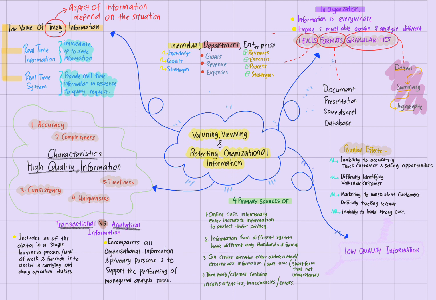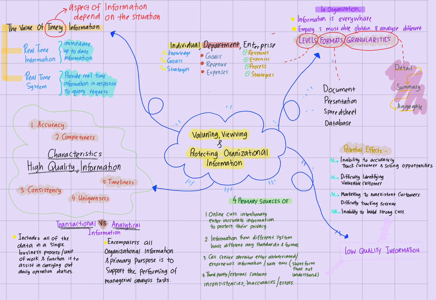So first, in organization, information is everywhere. So employees must be able to obtain and analyze different levels, formats and granularities of organization information. First, we look at information levels that have individual, departments and enterprise.